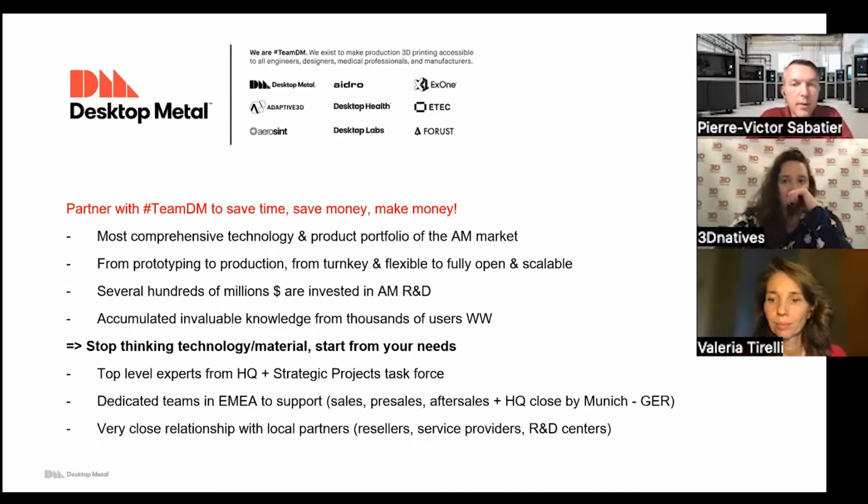We have dedicated teams like pre-sales engineers and a future market team. And we want also to leverage our ecosystem with resellers, service providers, and R&D centers that are also investigating our solutions a lot. So that's what we wanted to share, and we hope it was useful and clear for everyone.